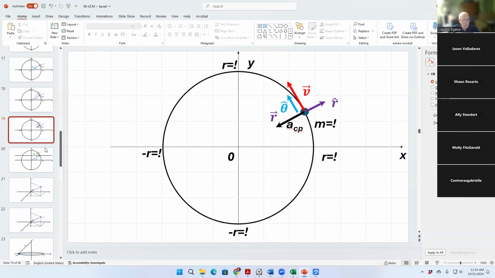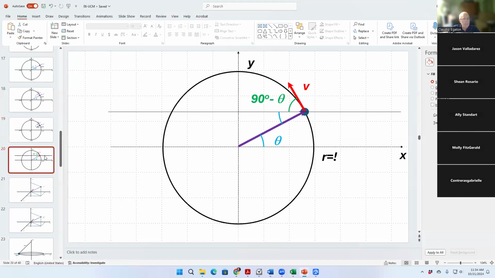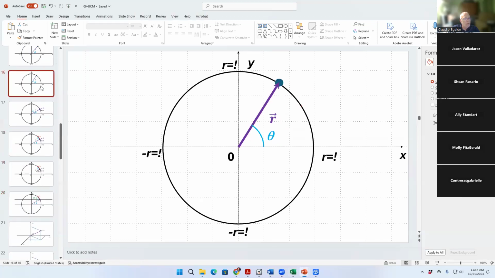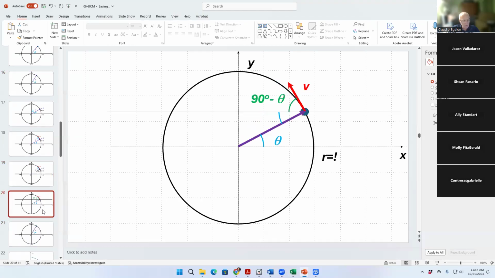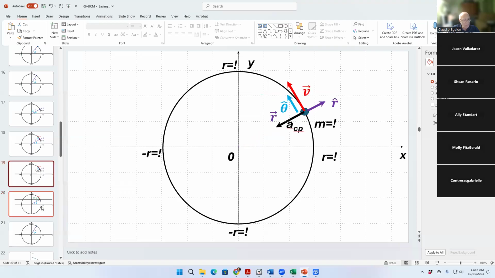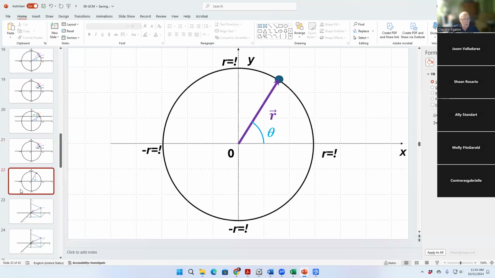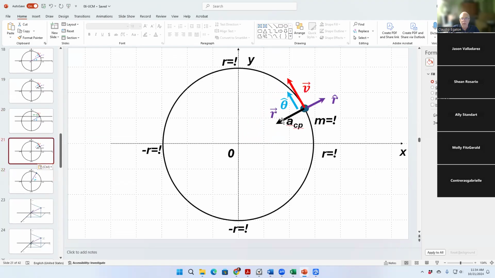How do we do that? We do it in the following way. I'm going to get this drawing, and I will get the other drawing as well. Here you go. We have a velocity.